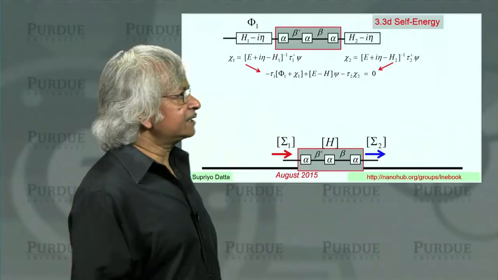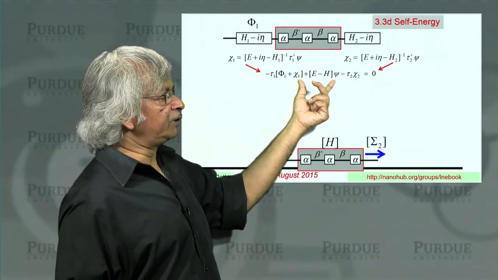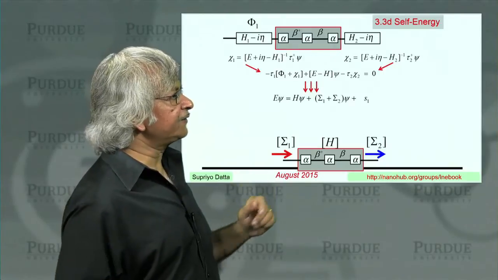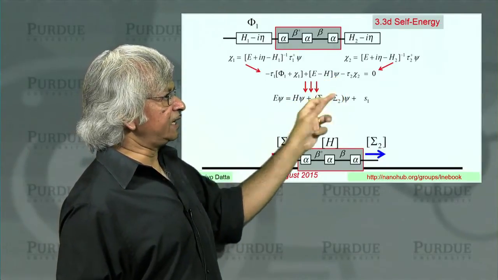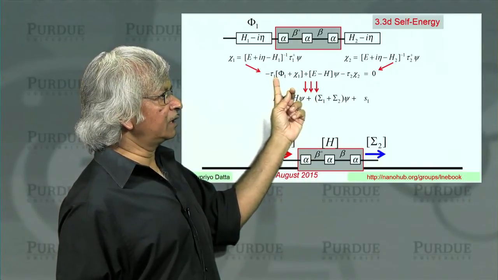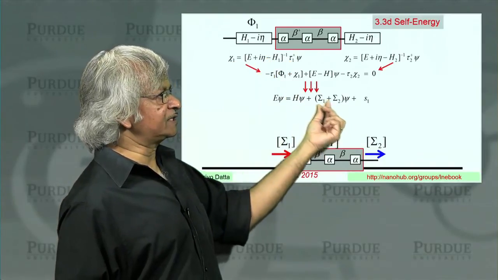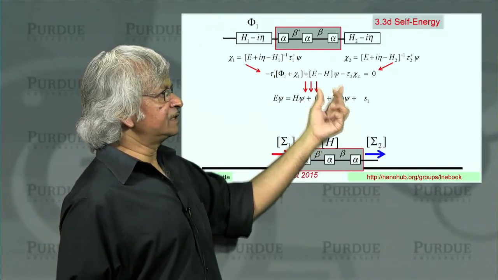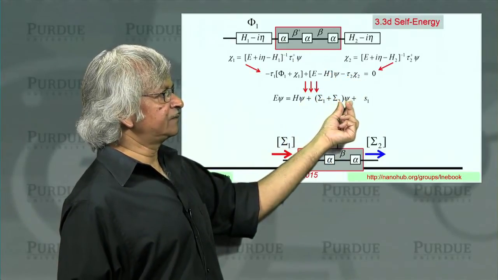We are using those two expressions, putting them in here. And when you do that, what you get is E psi minus H psi, and then this tau 1 chi 1, instead of chi you put that in, so you get sigma 1 psi. Similarly, tau 2 chi 2 gives you sigma 2 psi.